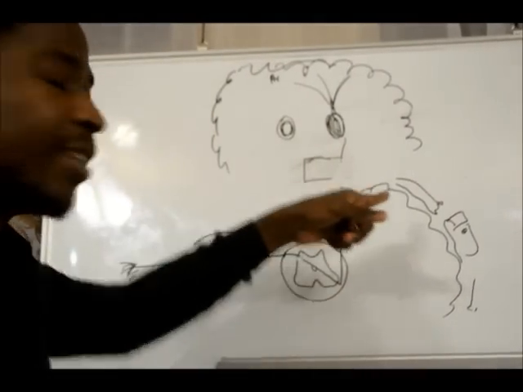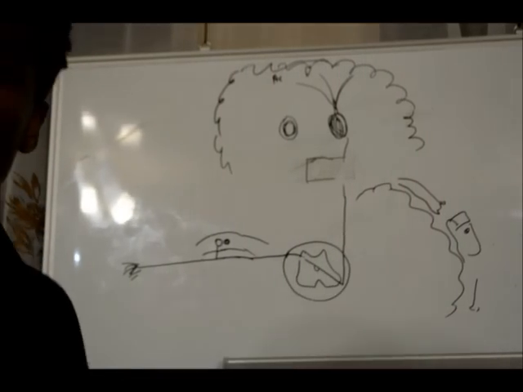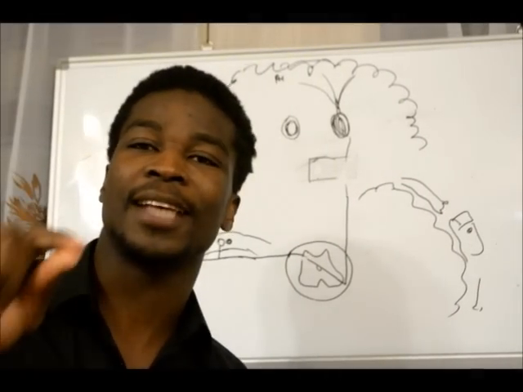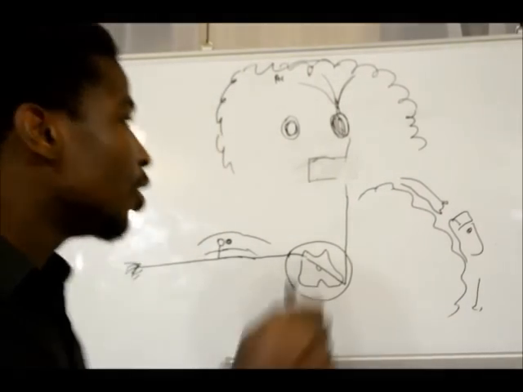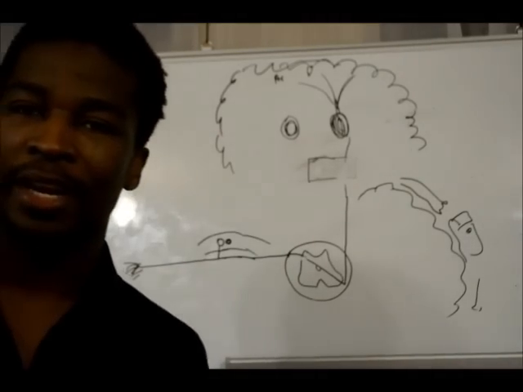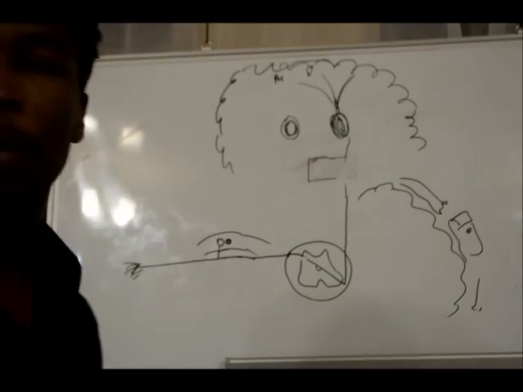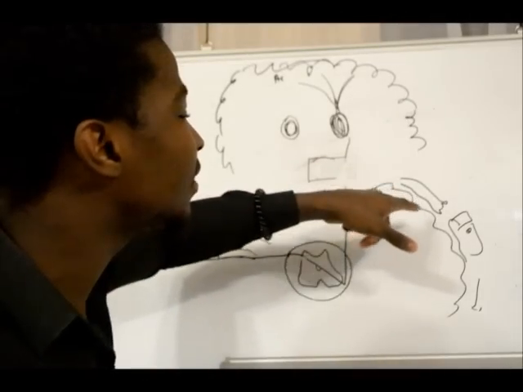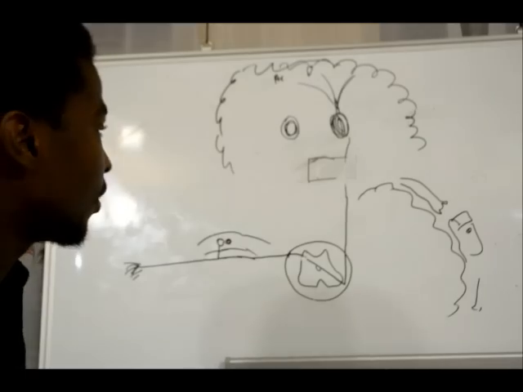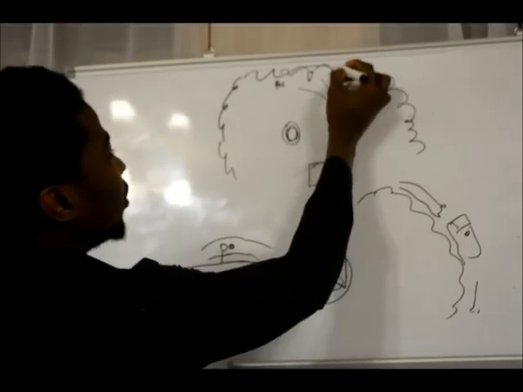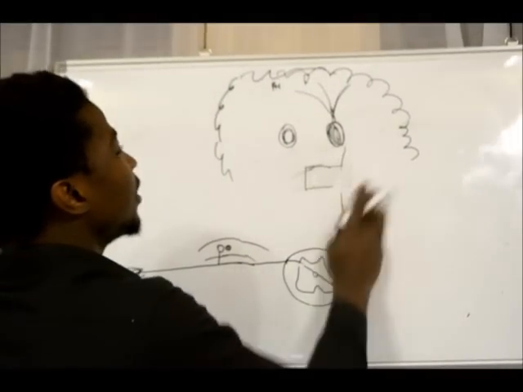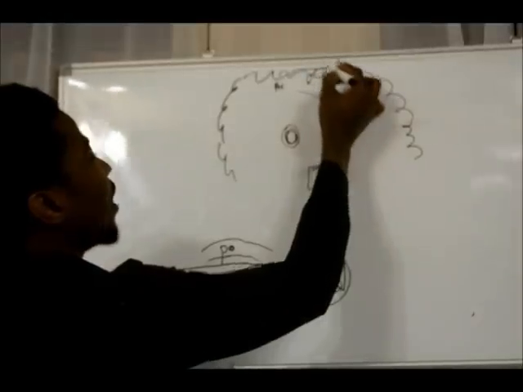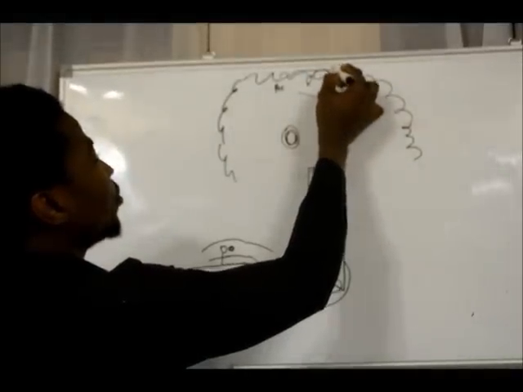So this is exactly how your brain knows where exactly you are feeling pain. So if you are feeling pain in your leg, the fibers coming from your lower part of the body go to the exact same spot on the postcentral gyrus. Let's say this part is your postcentral gyrus, and this part shows your face.